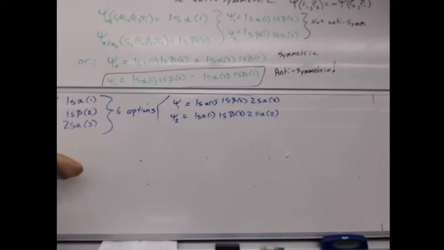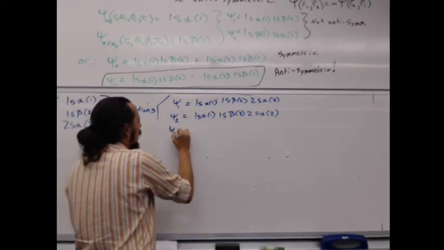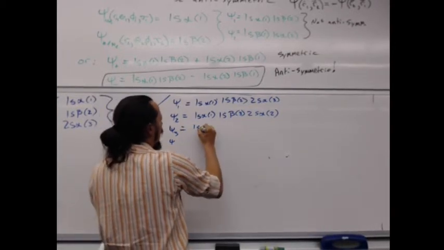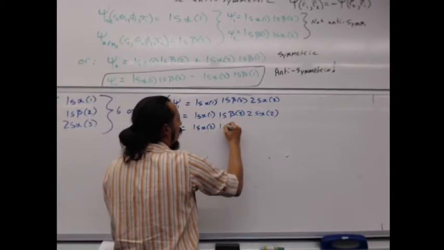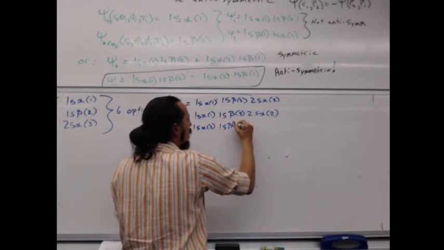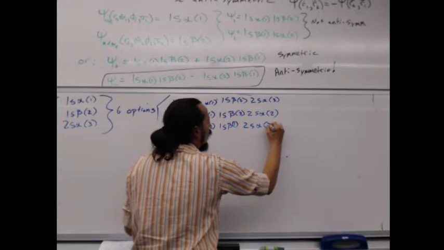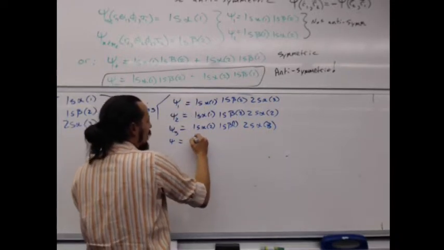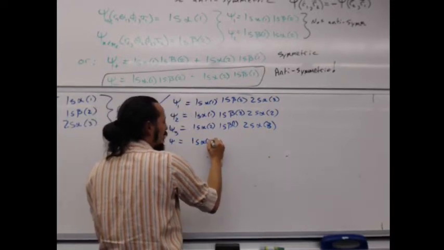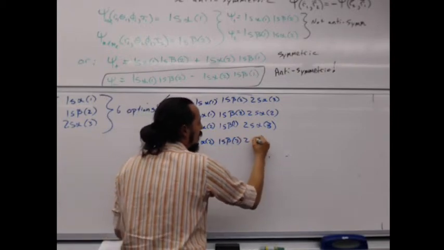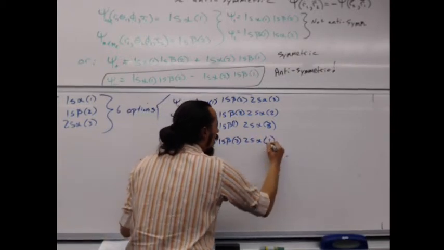So if you're copying all this, you don't have to. If you want to, that's okay as well. Psi 3, I'm going to go 1s alpha 2, 1s beta 1, 2s alpha 3. Psi 4 is 1s alpha 2, 1s beta 3, 2s alpha 1.